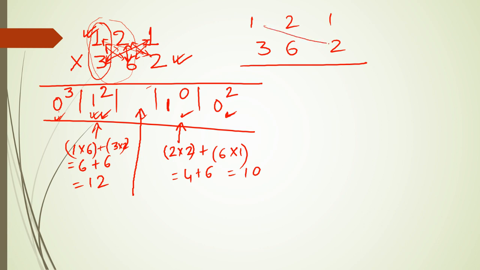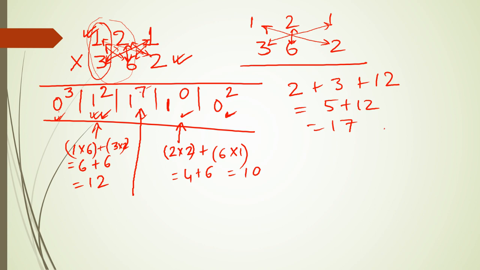You will multiply 1 times 2, 3 times 1, and 6 times 2, and then add all of them. So 2 times 1 is 2, 3 times 1 is 3, and 6 times 2 is 12. So we get 5 plus 12 equals 17. So we will write 17 here. Now we have 0, 3, 1, 2, 1, 7, 1, 0, 0, 2.